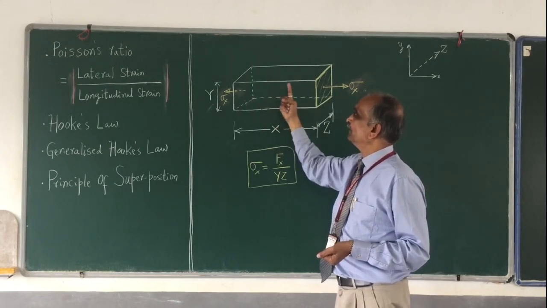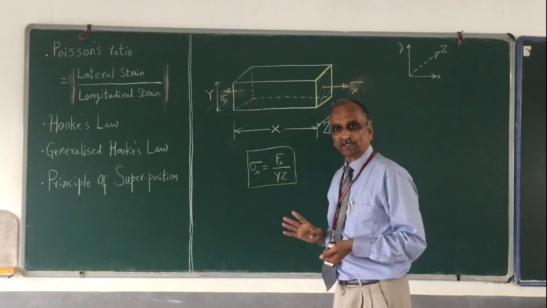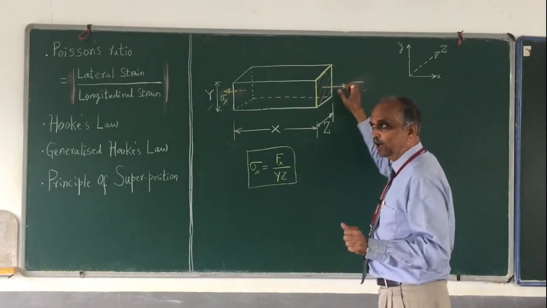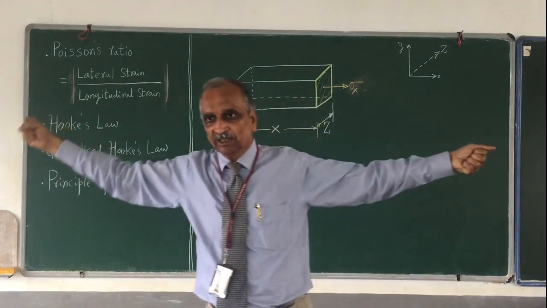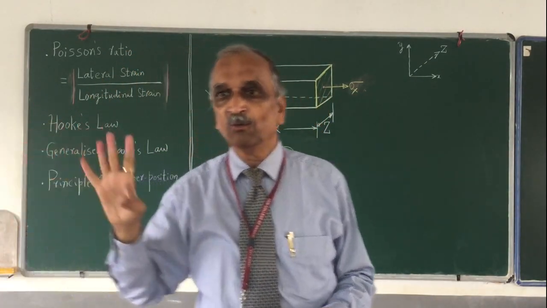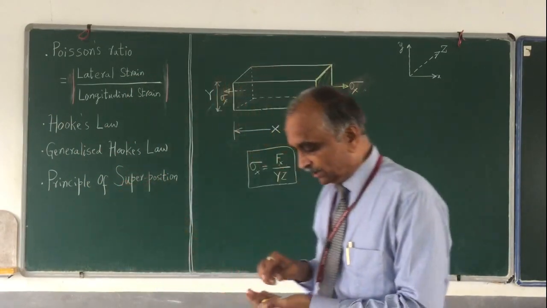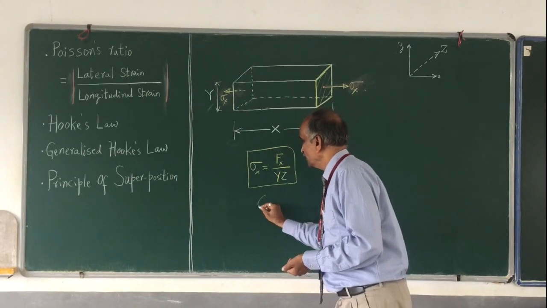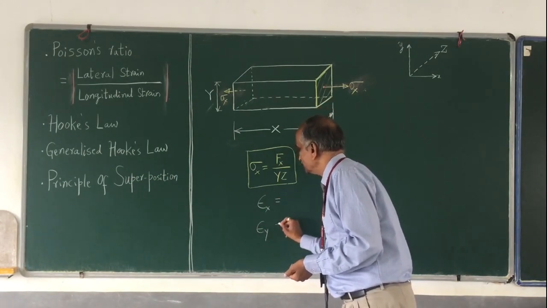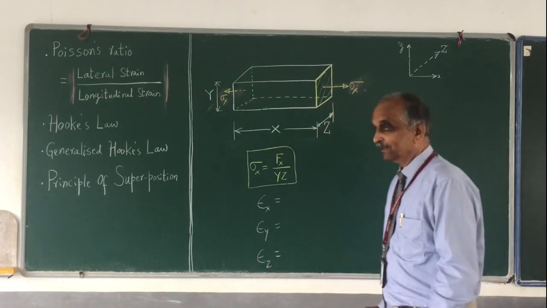And any strain perpendicular to the board, that is the z axis, is also lateral. So though I have applied load only along the x axis, I have strain along the x axis, along the y axis, and along the z axis. I call them epsilon x, the strain along the x axis, epsilon y, the strain along the y axis, and epsilon z, the strain along the z axis.